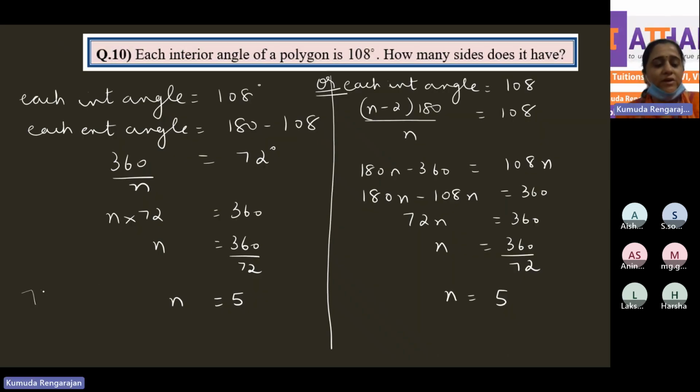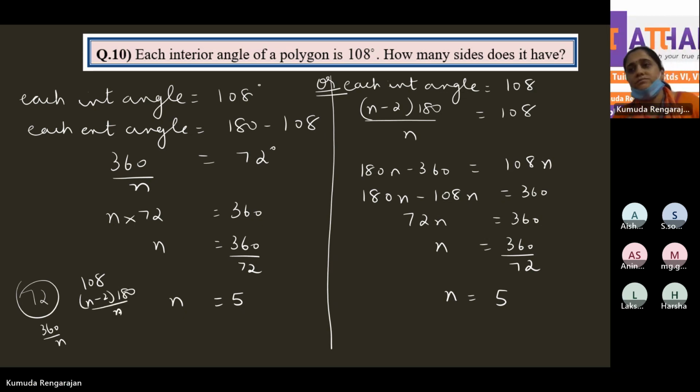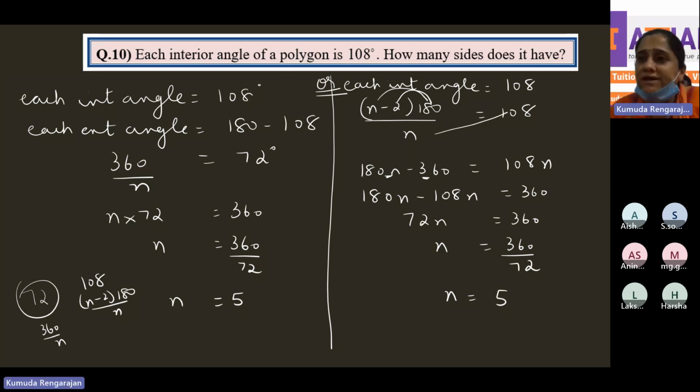If you're working with 72, this is each exterior angle, so you should equate this to 360 by n. If you're working with 108 degrees, that is each interior angle, then you should equate that to n minus 2 into 180 by n. So how do you work this? n into 180, 180n, 2 into 180 minus 360 is equal to, cross multiply, 108n. Then bring the n terms on one side, numbers to the other side, and solve for n.